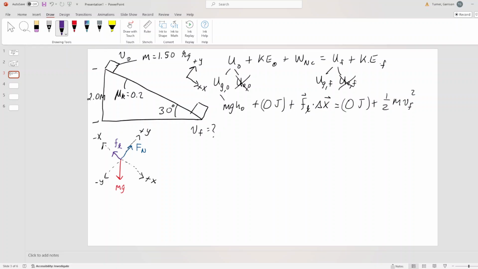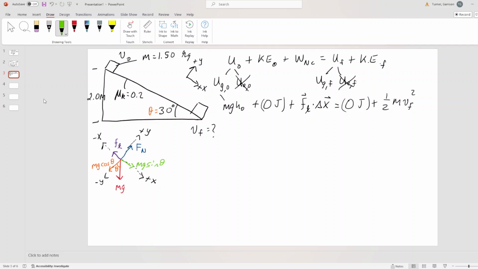And as a result, what we have from our gravitational force, I have mg cosine theta right here. Where this is theta. And this is also theta. Okay. And we have mg sine theta. Okay.